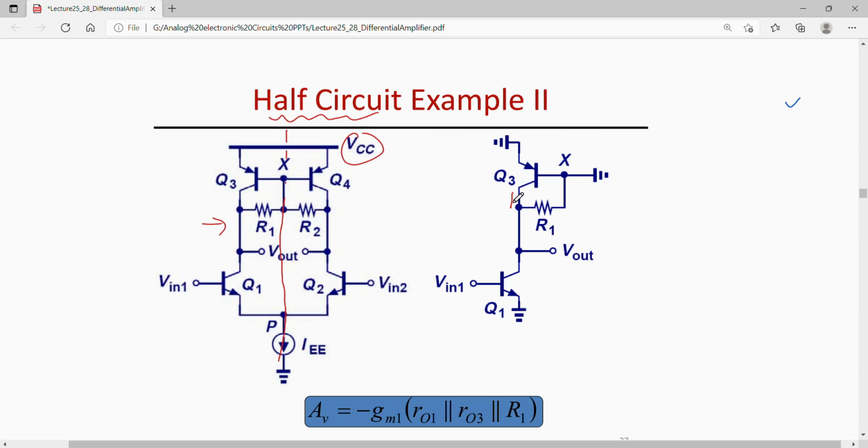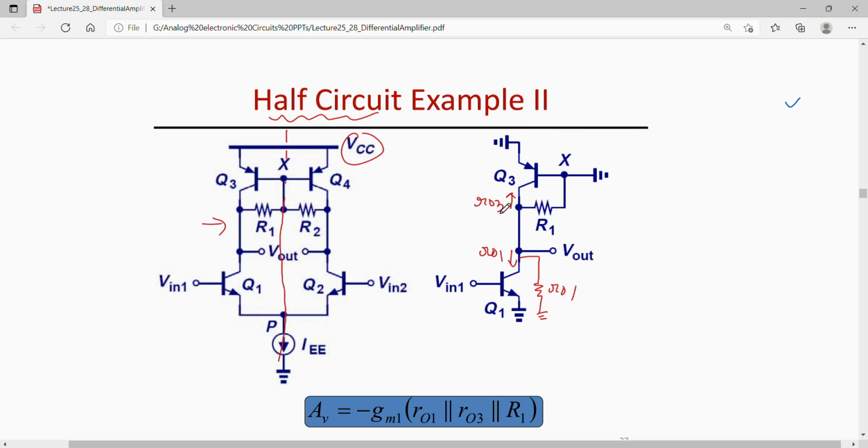So for finding out the gain of this circuit, we'll again see that the impedance looking into the collector of Q3 is RO3, and the impedance looking into the collector of Q1 is RO1. RO1 is in between drain and source, and RO3 is also between drain and source.